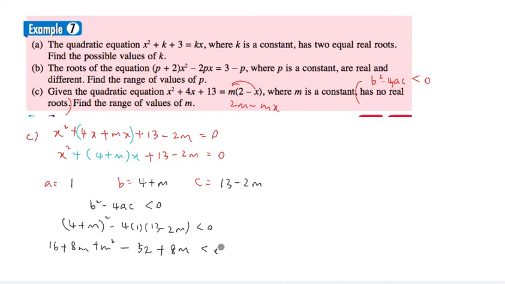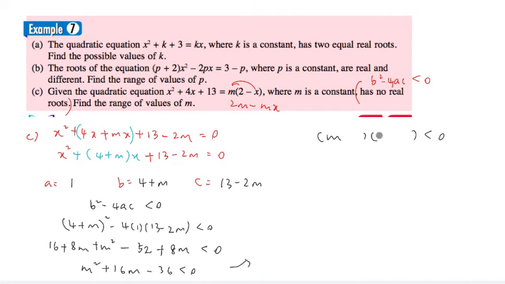Now we simplify by arranging it in the general form. So m squared, 8m plus 8m, 16m, 16 minus 52, minus 36, less than 0. Now this one can factorize.